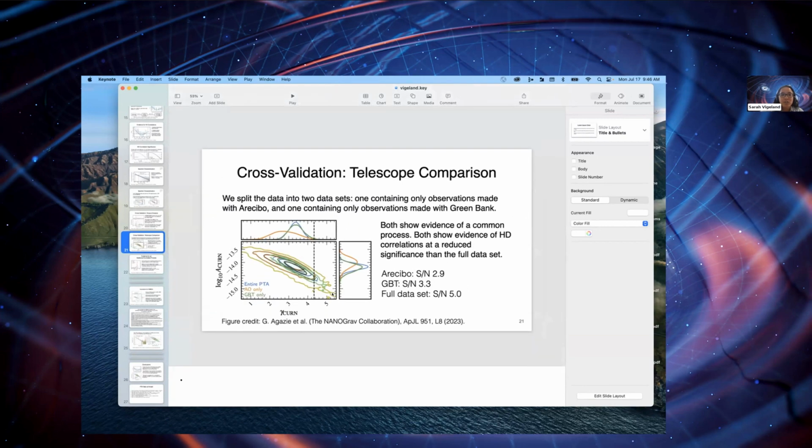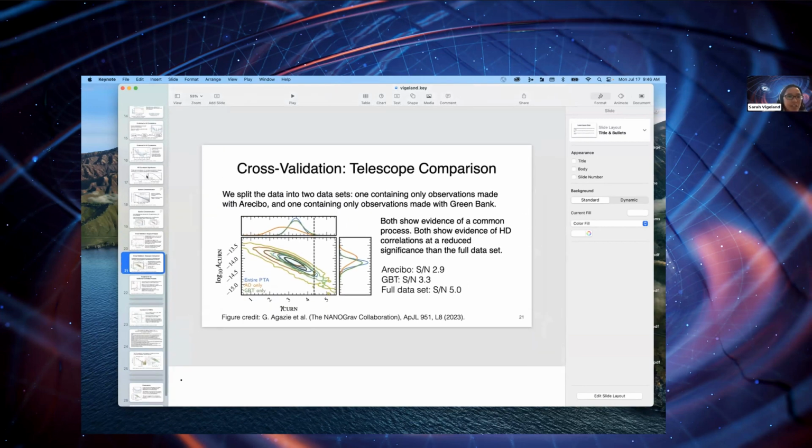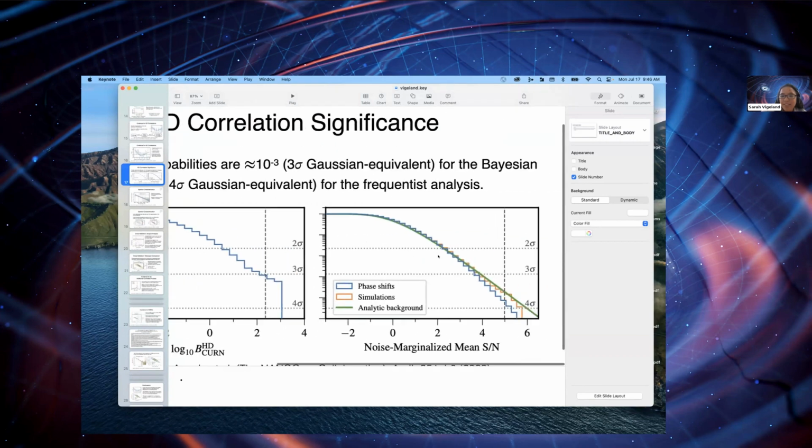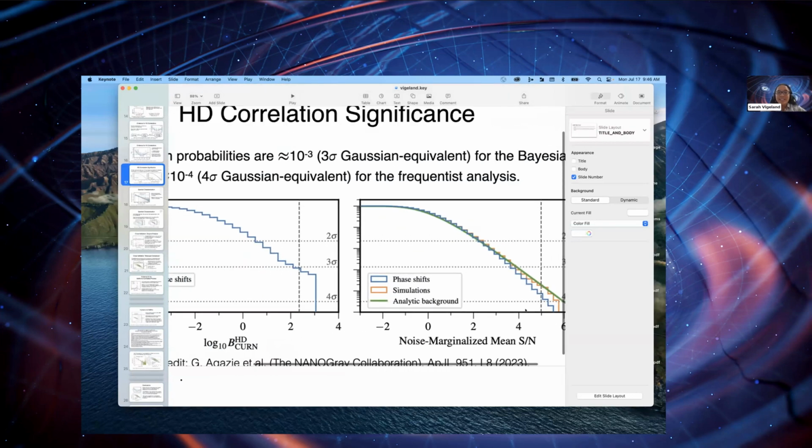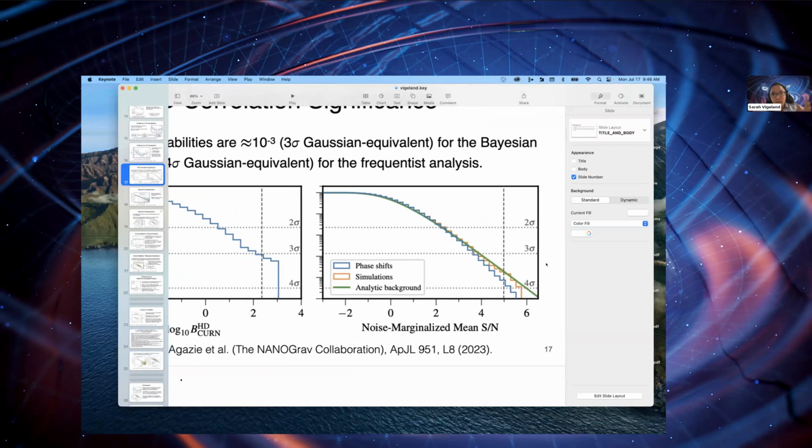That's why we had to do these phase shifts and sky scrambles. If you look very closely, at 4 sigma Gaussian equivalent, you're actually at an SNR of between 5 and 6. The significance levels here are computed in the following way. We compute the p-value, and then we relate that to the sigma level for a Gaussian with the same p-value.